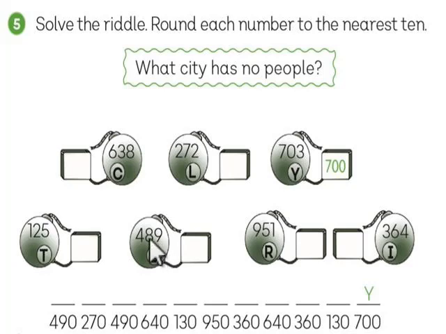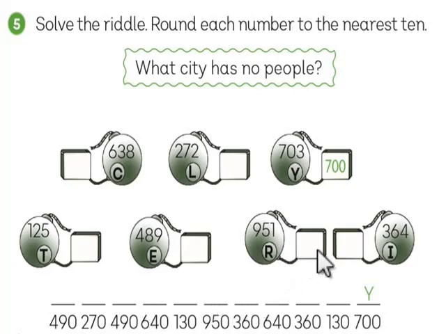So the answer is 490. 490 is letter E. So here 490 is E. So we'll write E. Then letter R, 951. Remember 0, 1, 2, 3, and 4. We will change this one to 0. So the answer is 950. Here 950 is letter R.